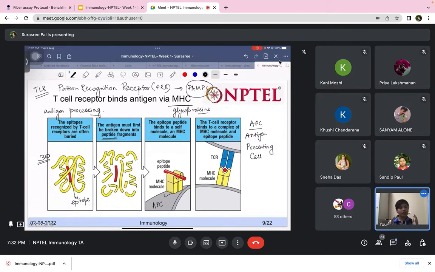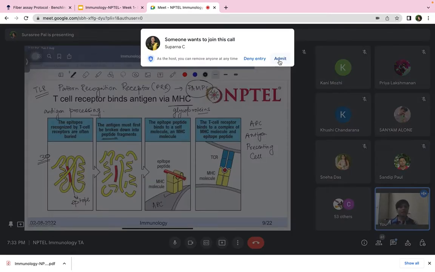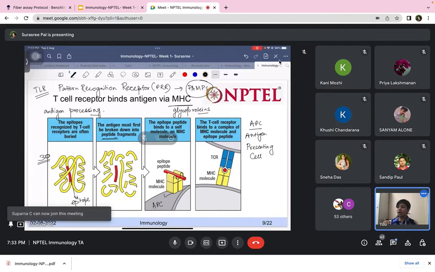For example, this macrophage has these TLRs which can recognize certain PAMPs on the surface of the bacteria or any other kind of pathogens, and then they can actually engulf the pathogen, process it, kill the pathogen and eliminate it, right? So that is what happens in innate immune system.